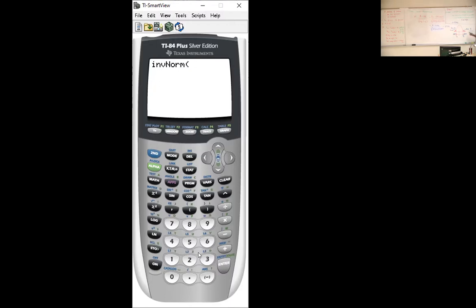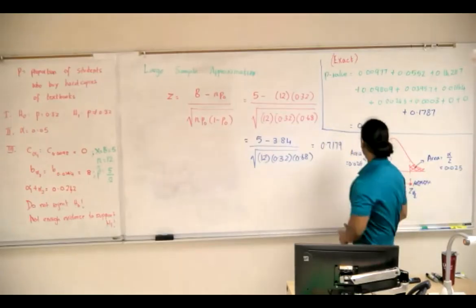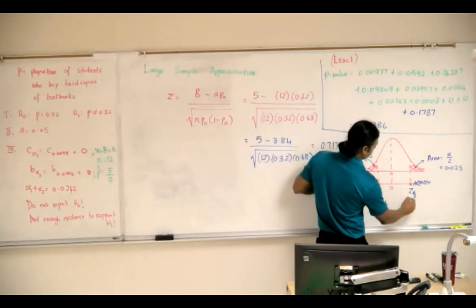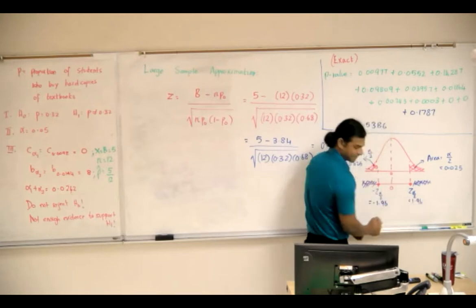What is that area below on the left-hand side? It is 0.025. That gives me negative 1.96. If I find one, multiply by negative 1, I would get the other. So negative 1.96, positive 1.96.